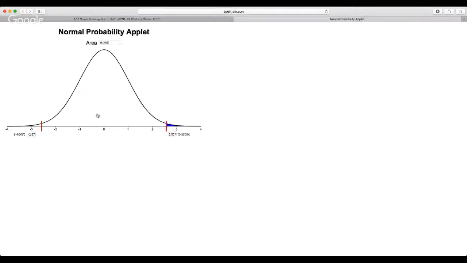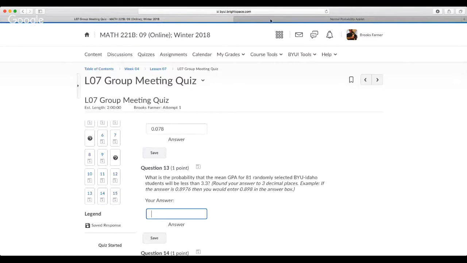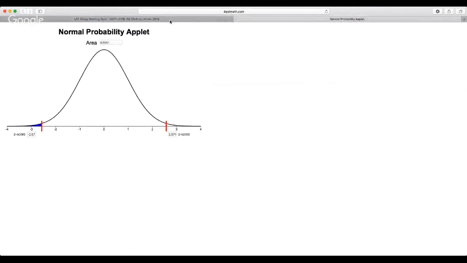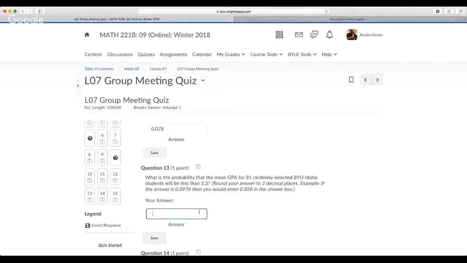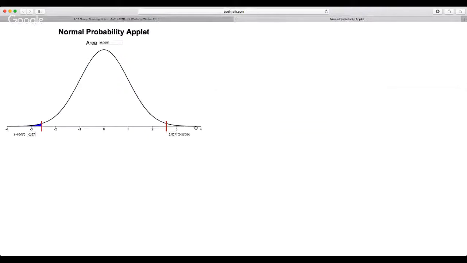So what we're looking for is less than, so it's actually a really small number. Let's see how many decimals it wants. 3. Okay, it should be 0.005. Are you getting that? Yes, I have it up here in the applet. Feel free to look off that. Wait, that's not what I'm getting.